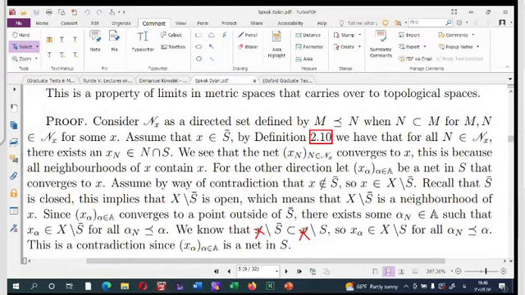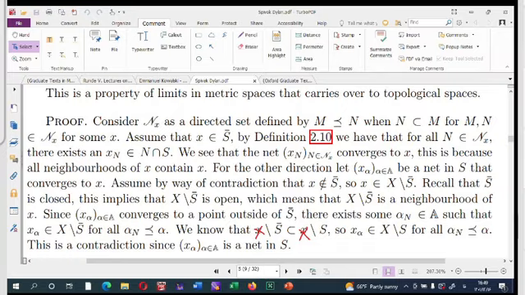Consider N_x as a directed set. The set of all neighborhoods of x is a directed set by the inverse of inclusion. It is that M has this relation with N if and only if N is a subset of M, not the reverse.